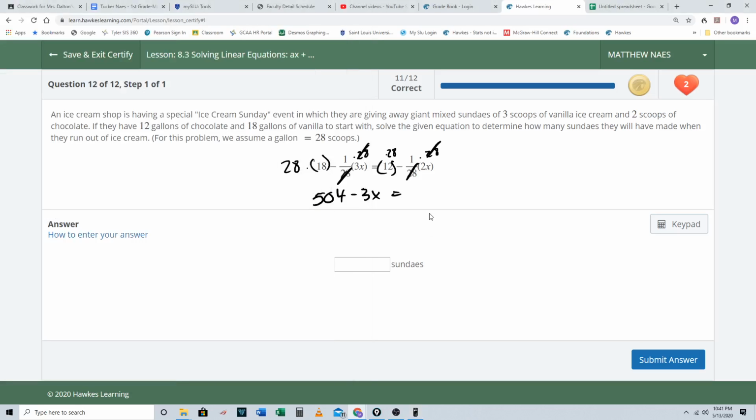Okay. Again, calculator for a reason. 2x.